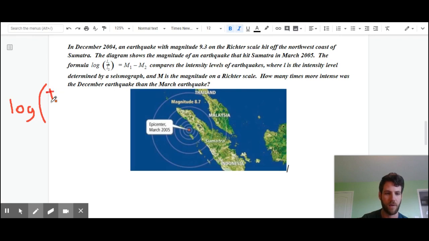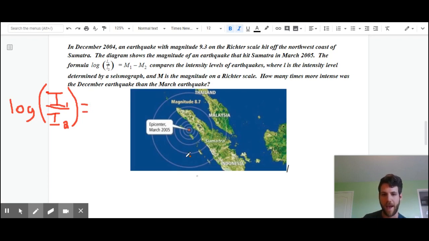So I have I1 and I2, I1 and I2, and that is equal to the difference in the magnitudes.